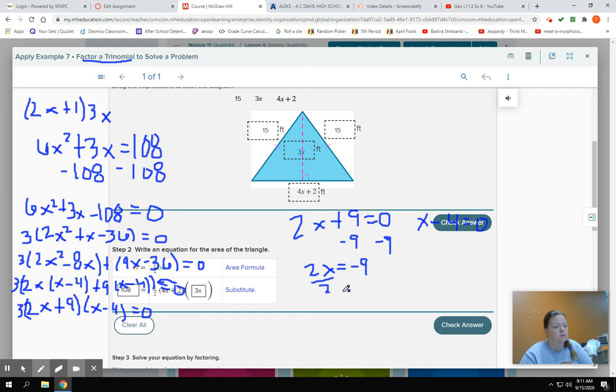Divide by 2 on both sides. x equals negative 4.5. Or we add 4 to both sides. So x equals 4. Now when we're talking about distance and stuff, we don't want to deal with the negative. The negative doesn't help us there. So we're going to be looking at x equals 4 for our problem here.